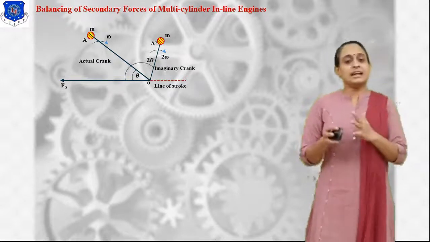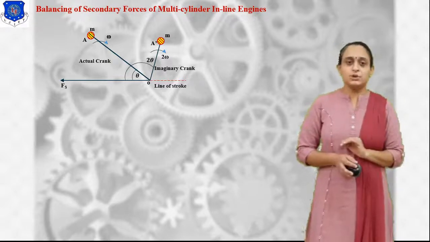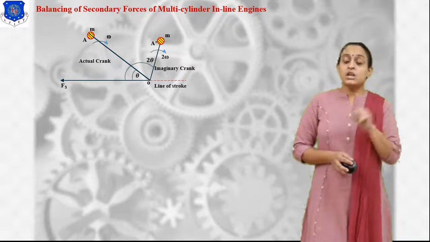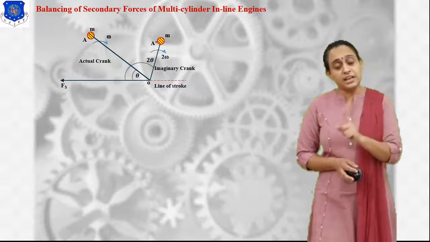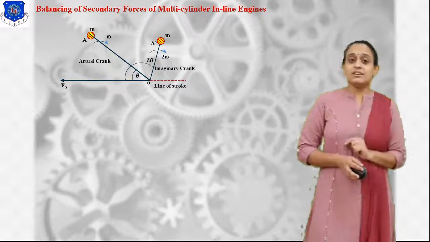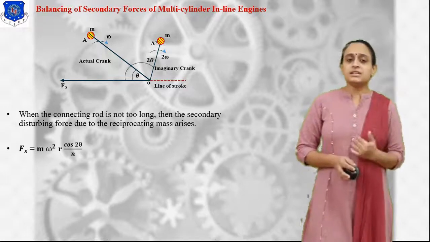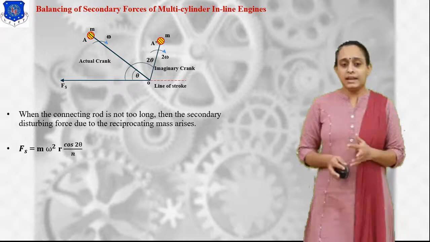Actual crank mass and imaginary crank mass have the same mass value. But what is the difference? The angular velocity omega. The angular velocity of the actual crank is different from the angular velocity of the secondary or imaginary crank. Now the secondary force is m omega square r cos 2 theta by n.